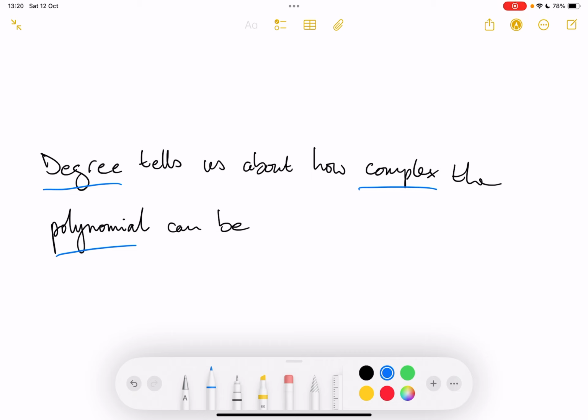But in this case, they can identify polynomials now. Well, they don't have a conceptualization of degree because I've not conveyed that, but also this one. I mean, this seems reasonable. It tells us about how complex the polynomial can be, but what does complex mean in this context?